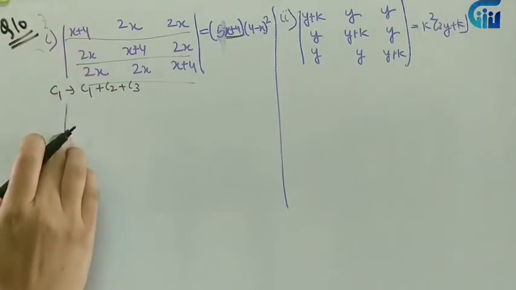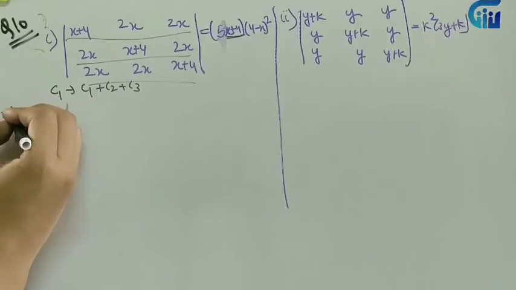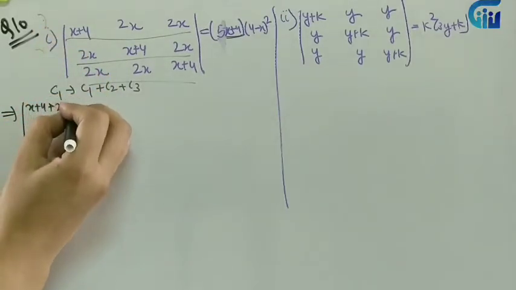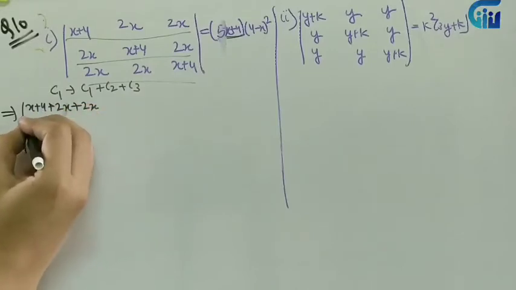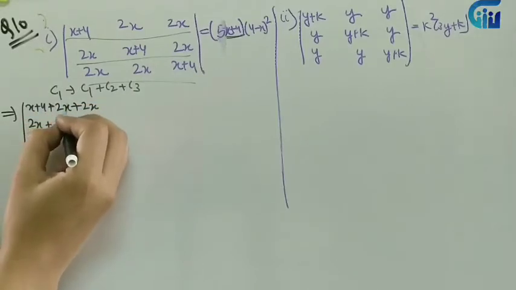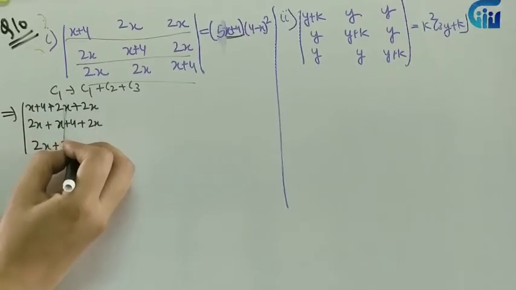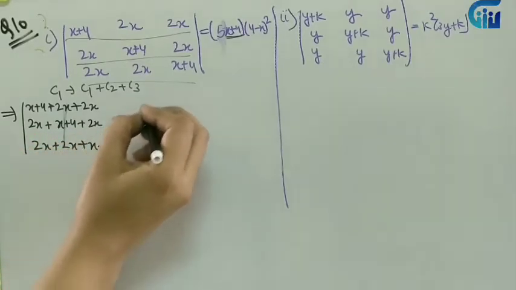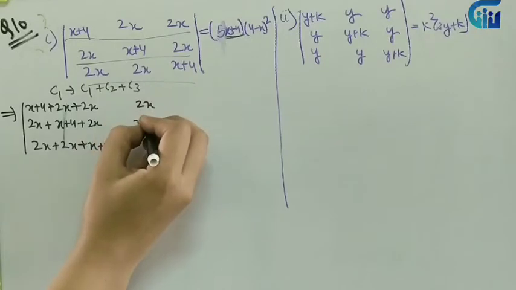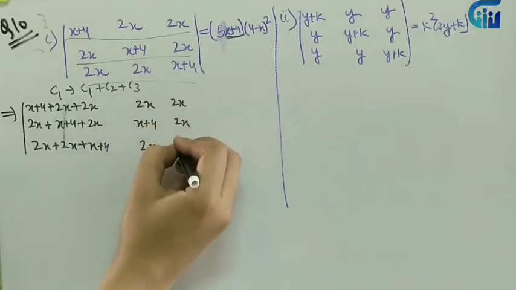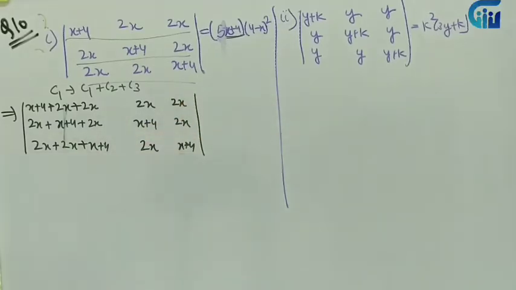If I write it like this, what will I get? X plus 4 plus 2x plus 2x. Then 2x plus x plus 4 plus 2x. 2x plus 2x plus x plus 4. And the other elements will be as it is, 2x, 2x, x plus 4.